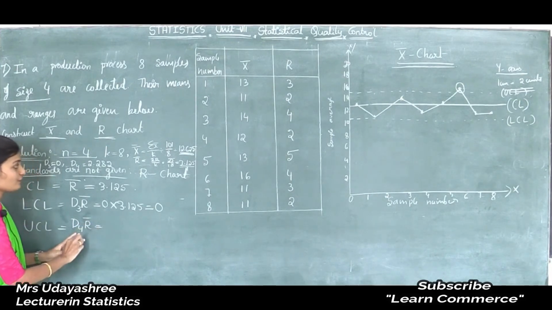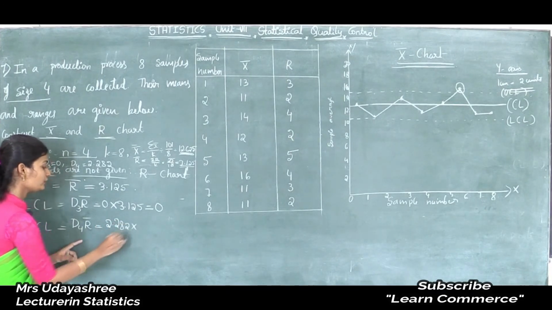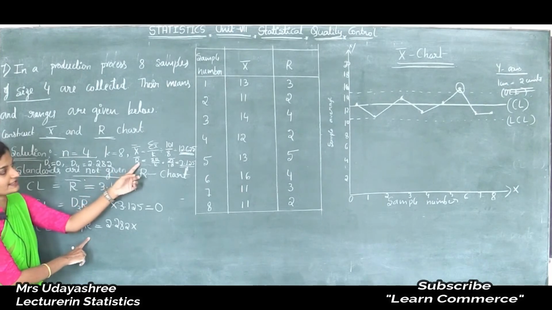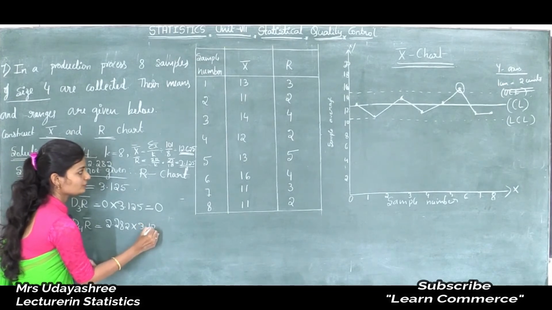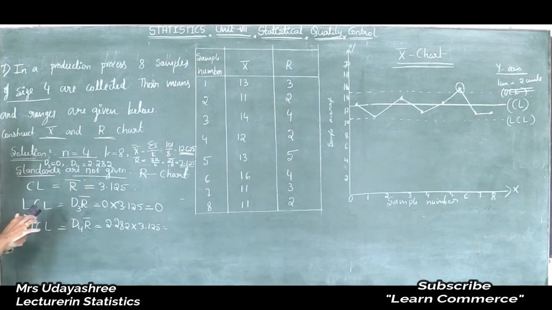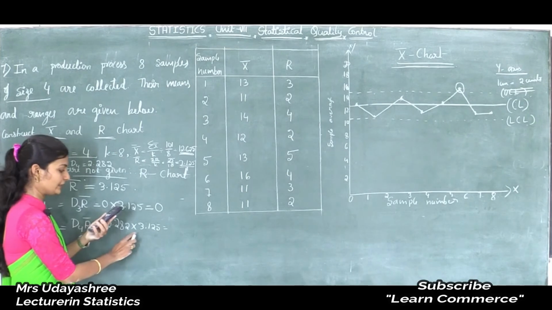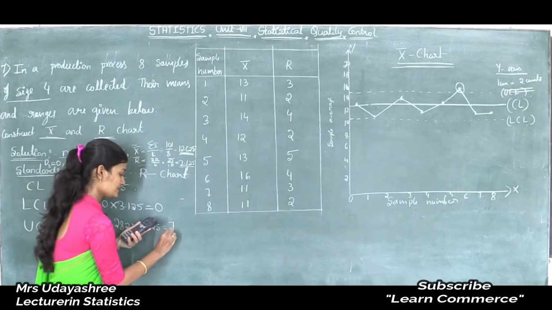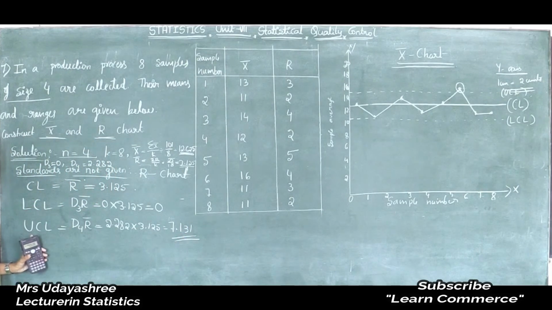See, here D4 value is 2.282 into R bar, which is the calculated value 3.125. So 2.282 into 3.125 is 7.131. So this is the answer for the upper control limit.